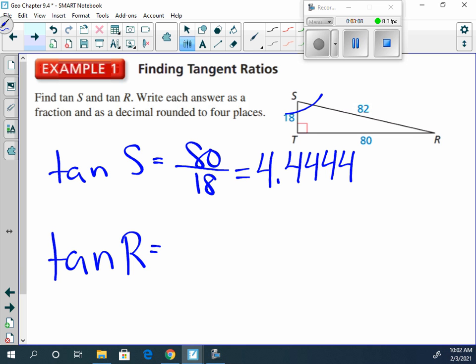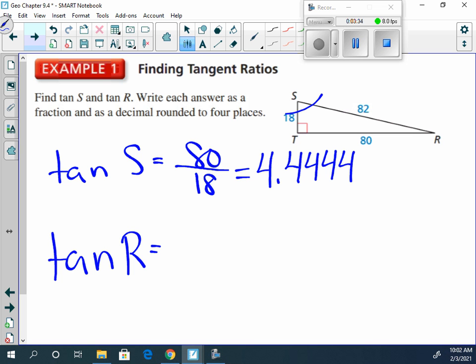Right, because we can reduce this down a good bit. 4/9 would be 0.4 repeated. We're rounding it to 4 decimal places, so it's just 0.4444.